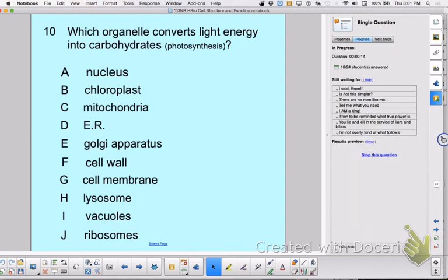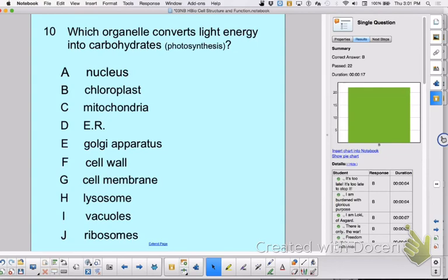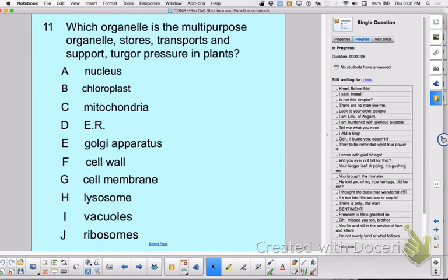What is the nucleus? Just end it now. Yay! 1. I didn't even get the question down. Wait, let me download the question.